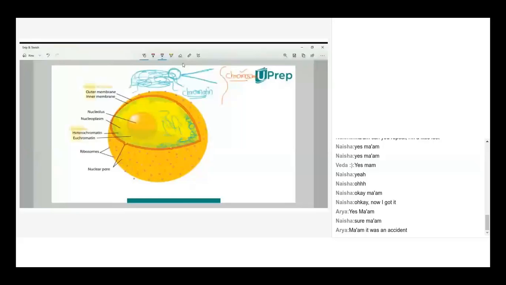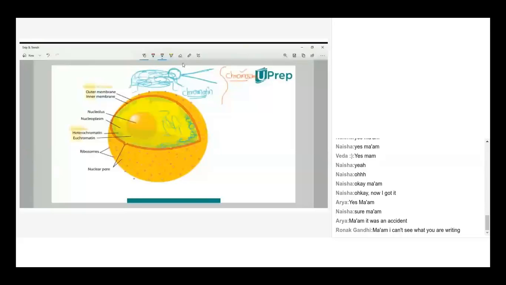Chromosomes are the structures which we will find in chromatin. Chromosomes are thread-like structures like this. Generally, we'll write chromosomes like this, something like this. Or you can have chromosomes like this. Chromosomes will have various shapes.